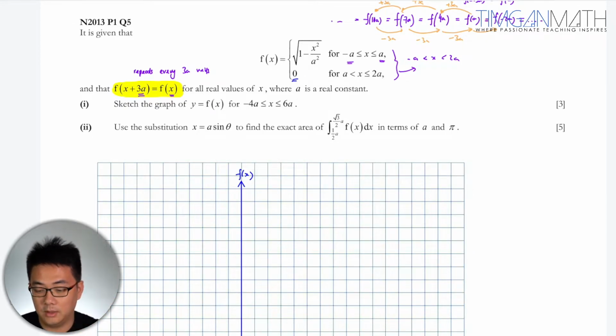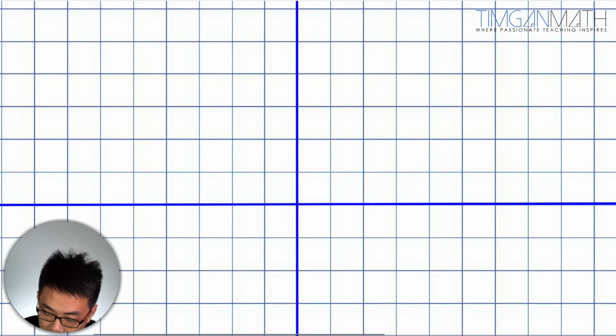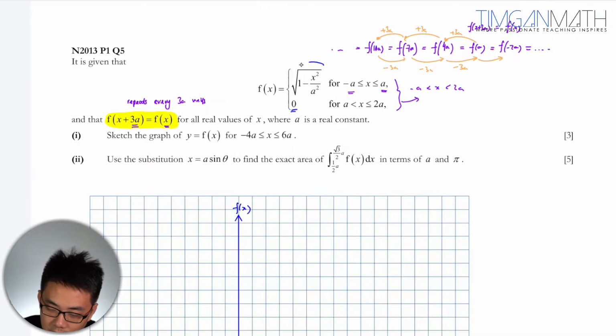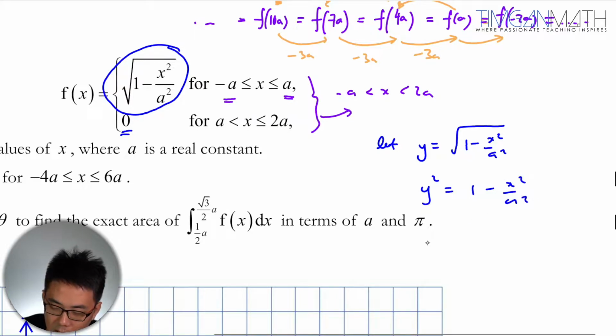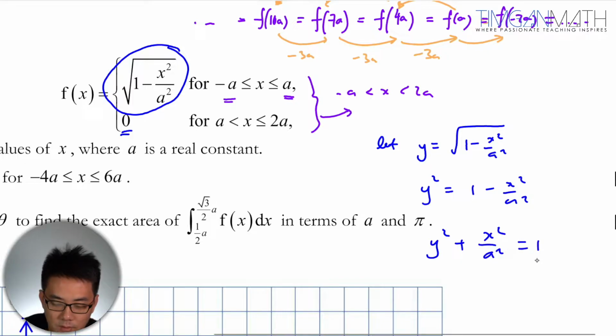Minus 4a to 6a. Okay, great. I'm going to draw from minus a here to a. Okay, what is this equation? The first one. So you just let y equals to square root of 1 minus x squared over a squared. Here is y squared equals to 1 minus x squared over a squared. Y squared plus x squared over a squared equals to 1.